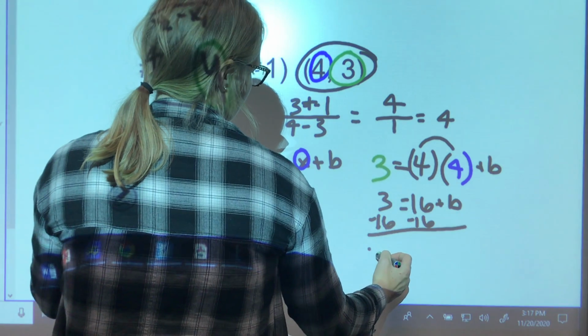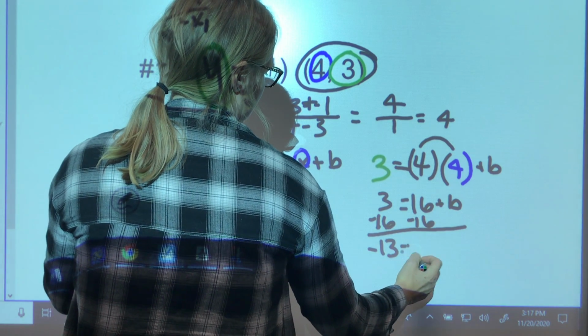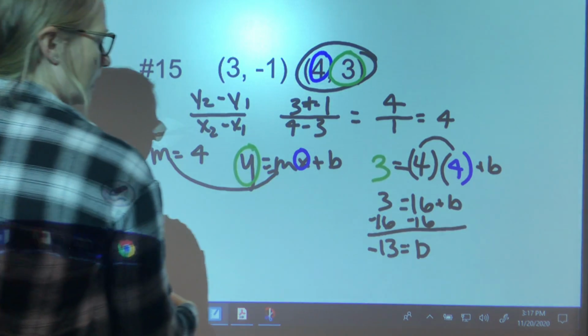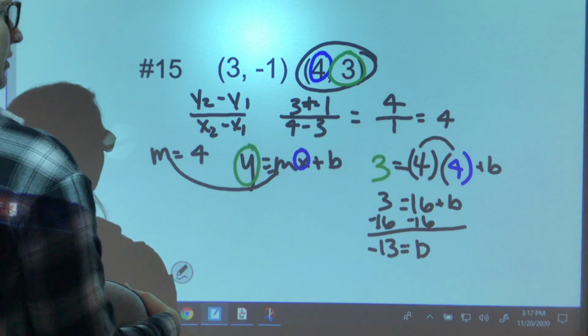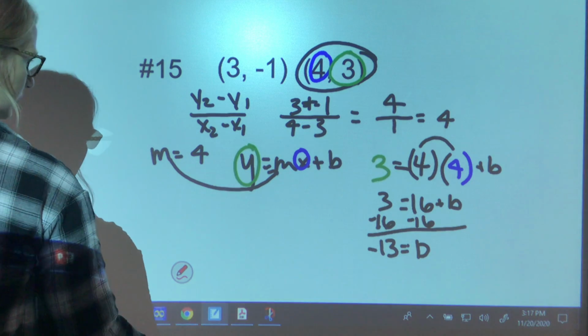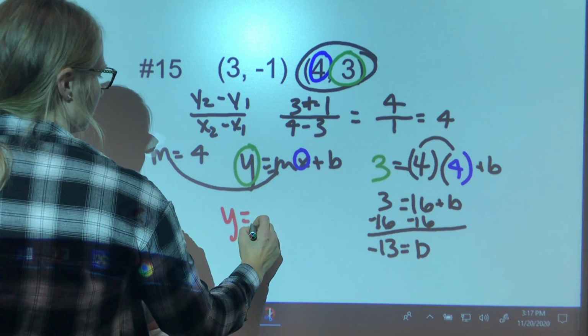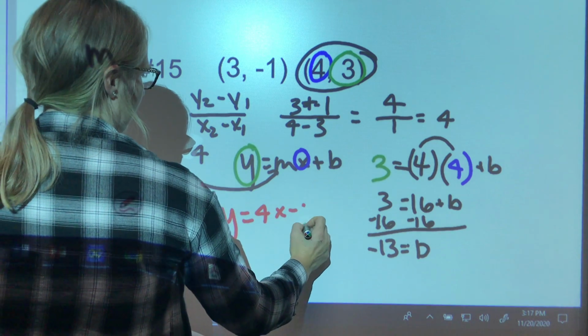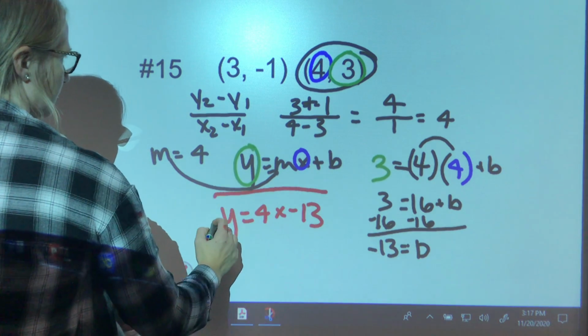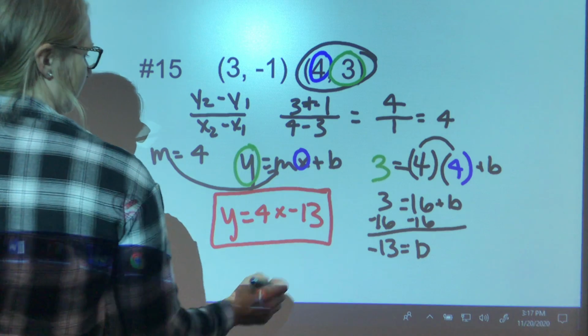Okay, so that's going to end up being a negative 13 equals b. So now we know our b value, we know our m value. All we have to do is plug them into our final equation, which is going to be y equals mx minus 13, where m is 4. That should be one of your options for number 15.